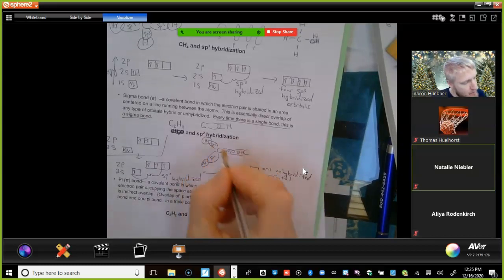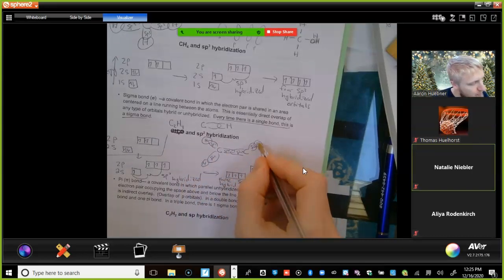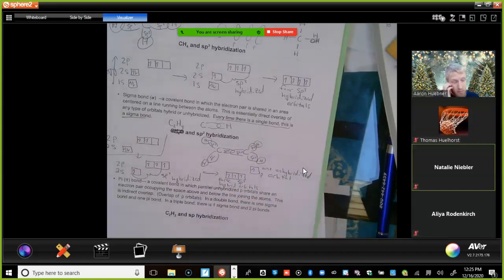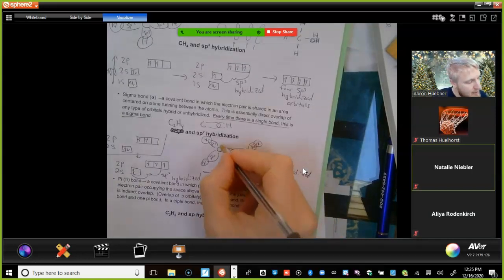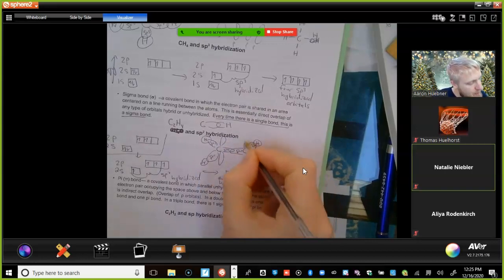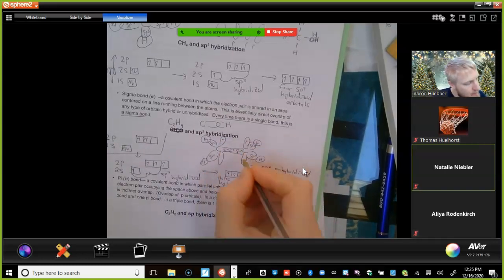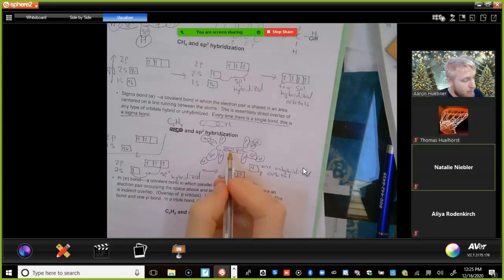An sp2, and we got the same thing happening here. sp2, an H atom, sp2, and an H atom. We now have to put our unhybridized orbital there, and this is kind of floating right here. This is our P, unhybridized, not meshing. And right here we got a sigma bond, we got a direct overlap.